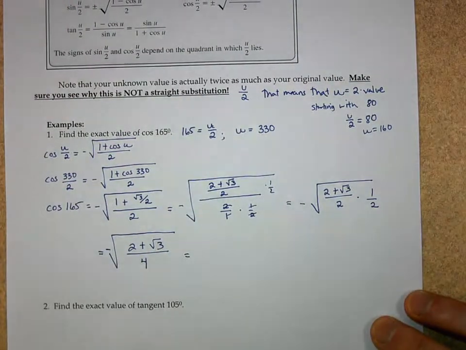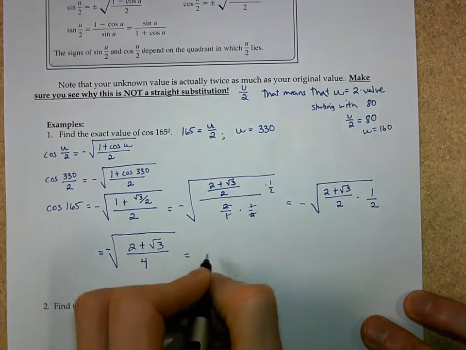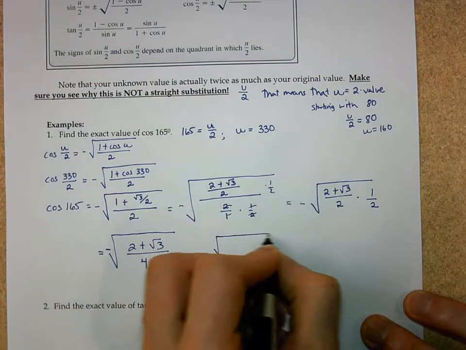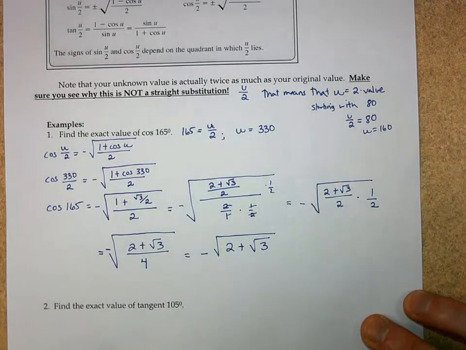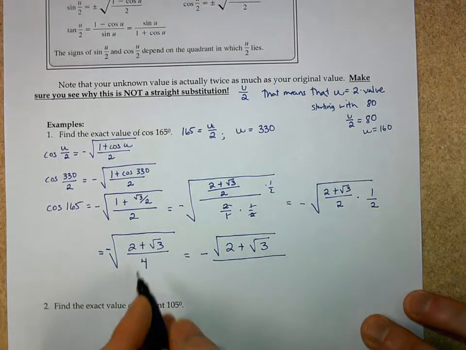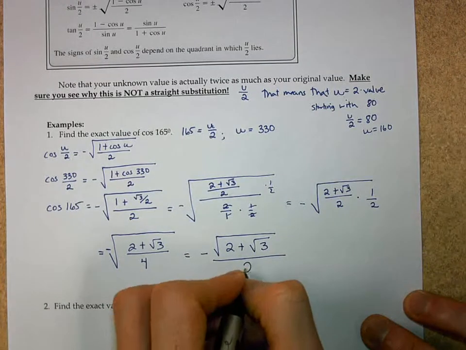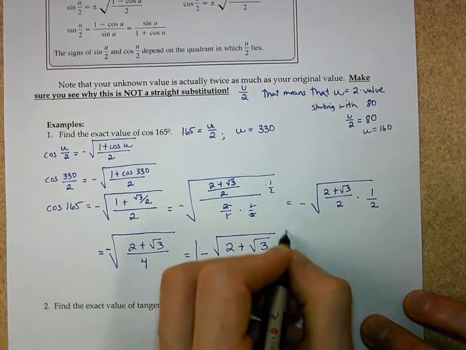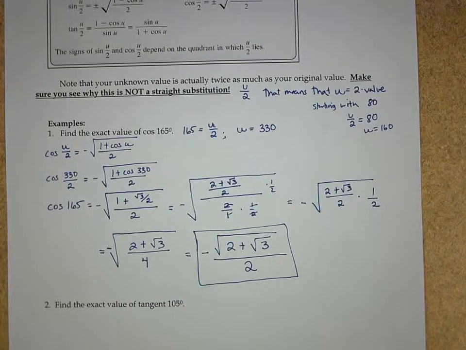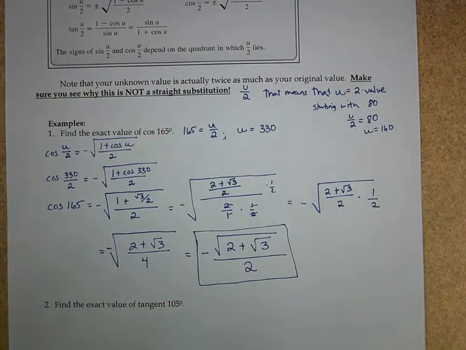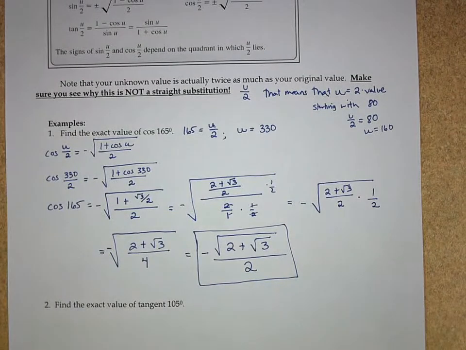And then to simplify, we'll break it into separate square roots. So negative square root of the numerator is 2 plus the square root of 3. And then in the denominator, the square root of 4 is just 2. So there's my expression, and I wanted the exact value. So there's my exact value.